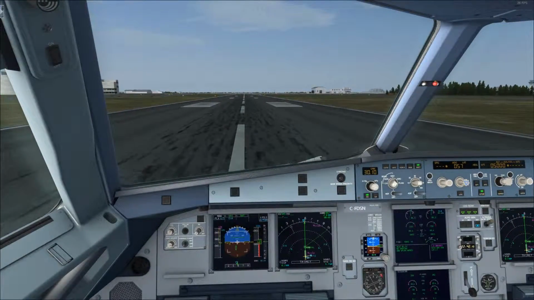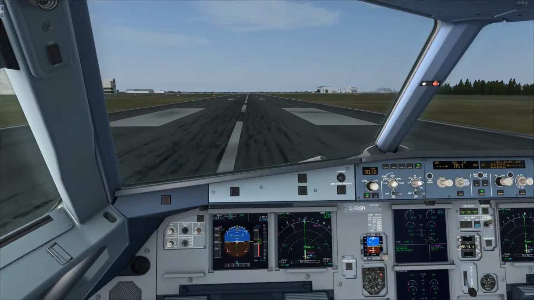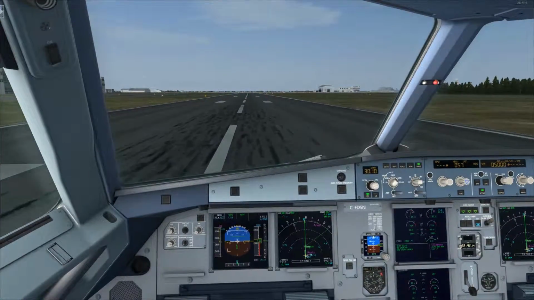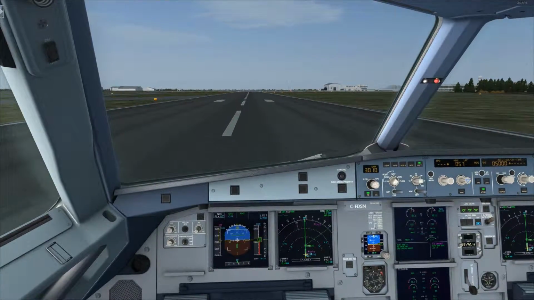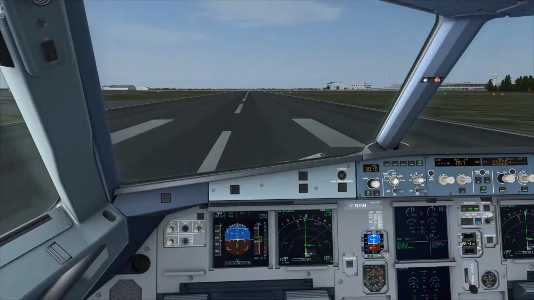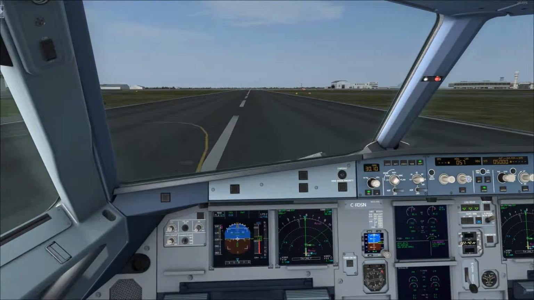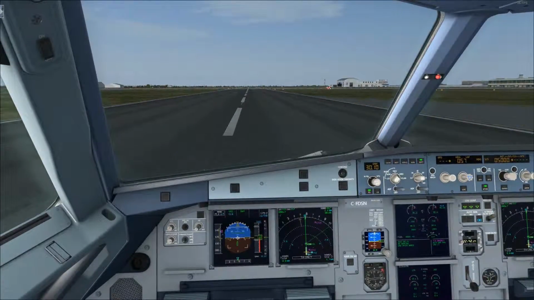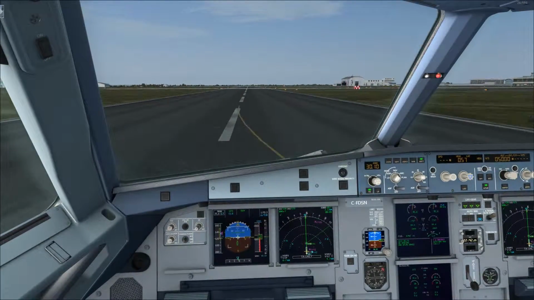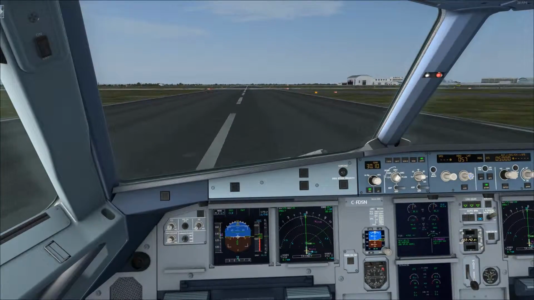Using some rudders to maintain runway heading. Now, a lot of these procedures that I've spoken about are specific to the A320, the Aerosoft A320, 21, 18, and 19. Alright, there's V1.